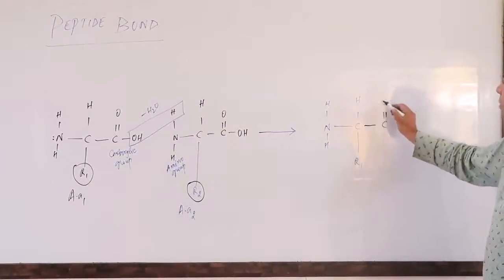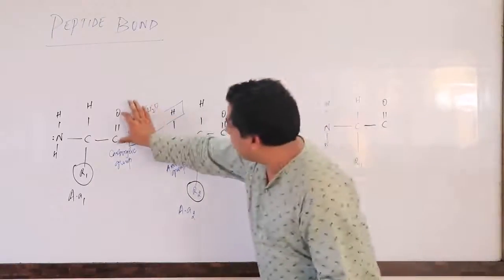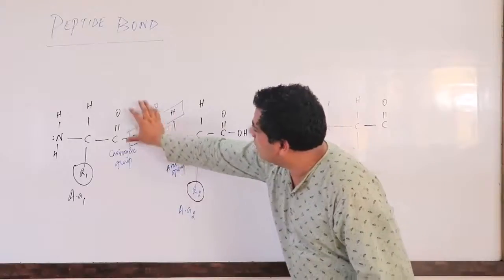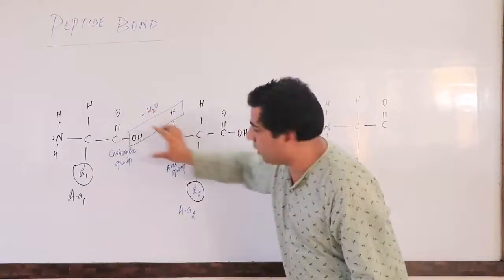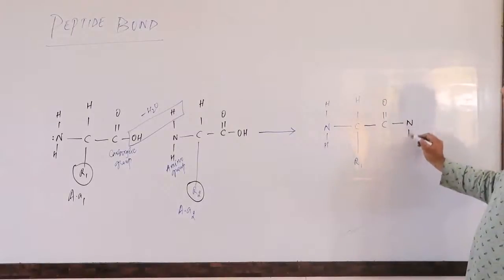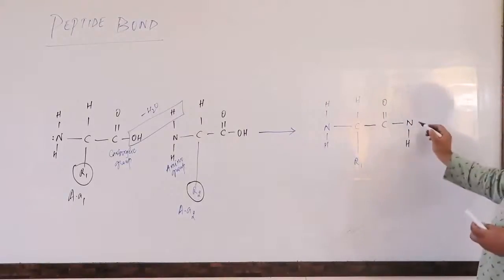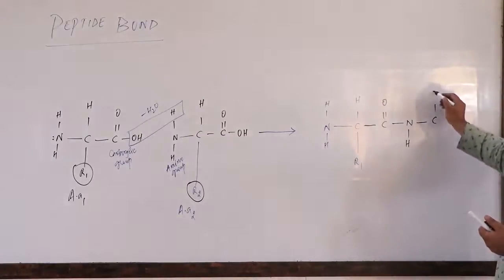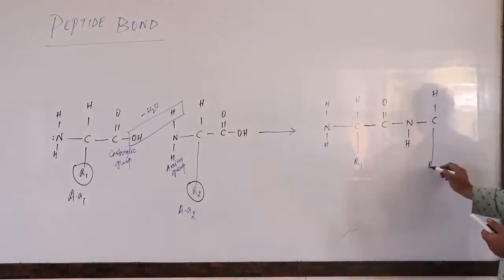What is left here? CO is here, and what is here now? NH. This and this is lost. What remains here? CO, C double bond O. What remains here? NH. So there is a bond now, CO, NH bond is here now. After that, let's go further and write down CH. Then you have here R2.